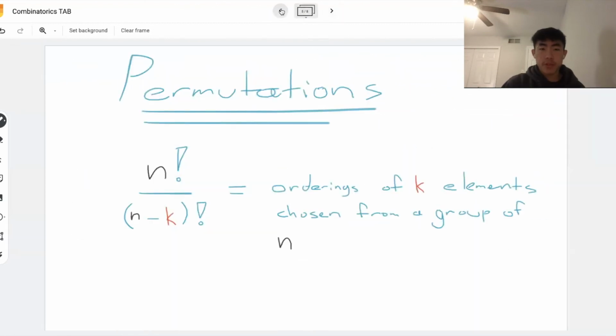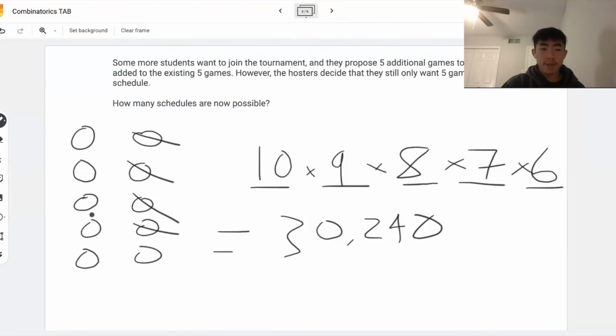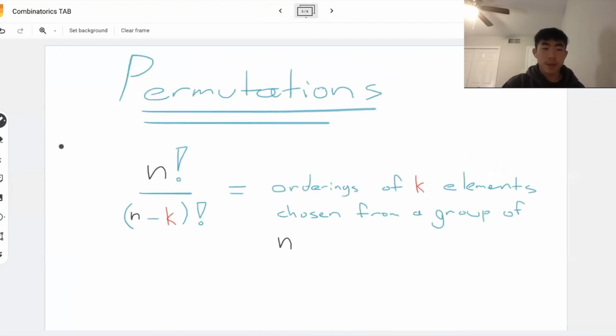In other words, we had n different elements here where n equals 10, and we only had k slots where k equals 5. So what we really had was 10 factorial over 10 minus 5, which is 5 factorial.